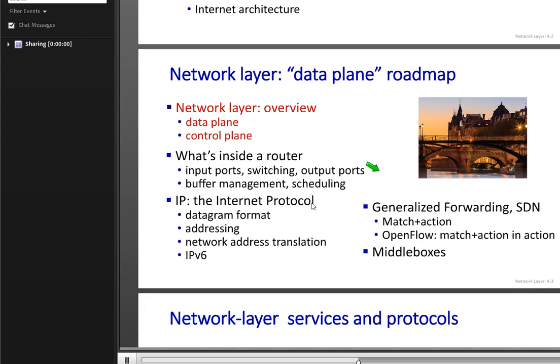Maybe someone says, okay, what is the difference between the network layer and the transport layer or data link layer? Why did I pass chapter 2 and chapter 3 but not chapter 4 and even chapter 5?